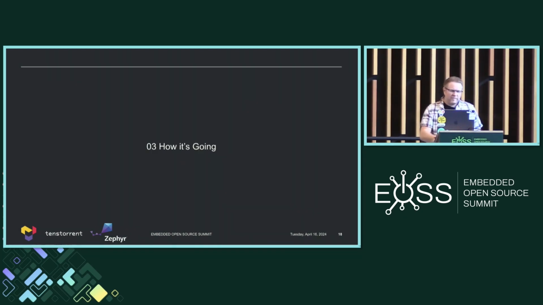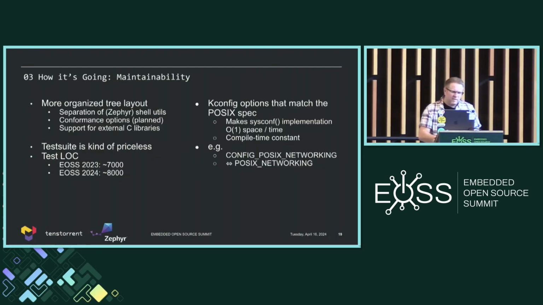So now we're on to how's it going. One of the things that came out almost immediately after EOSS last year was that the source tree needed to be restructured.